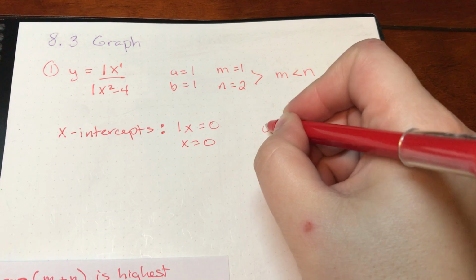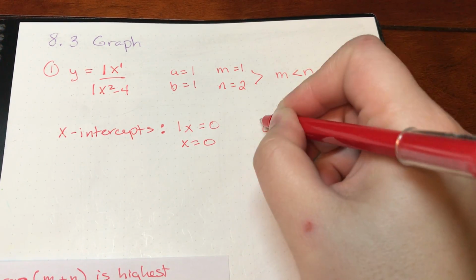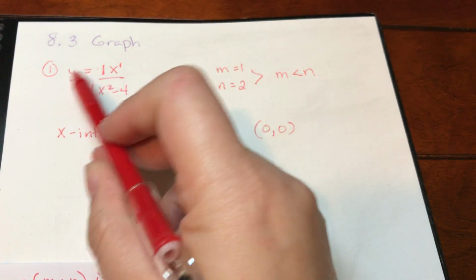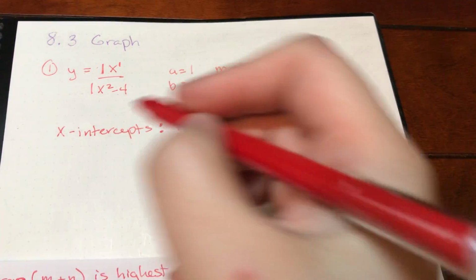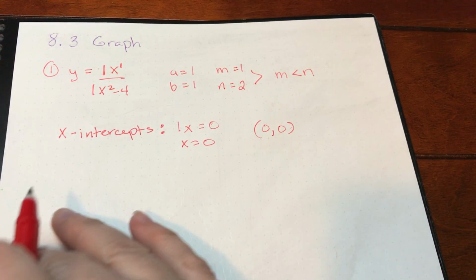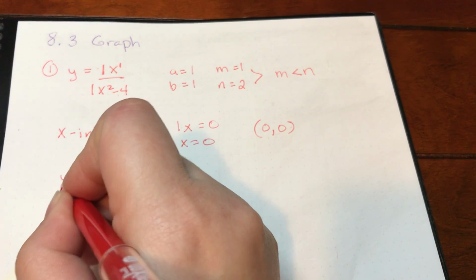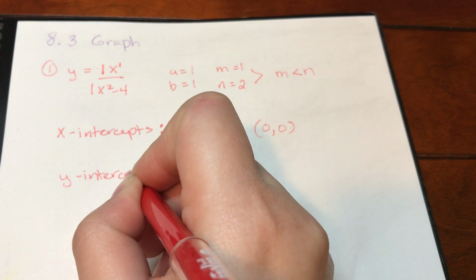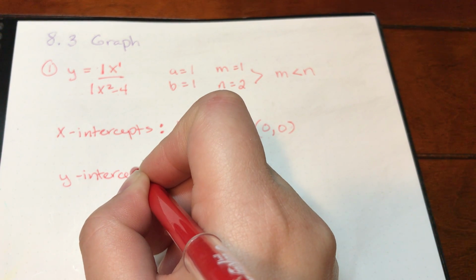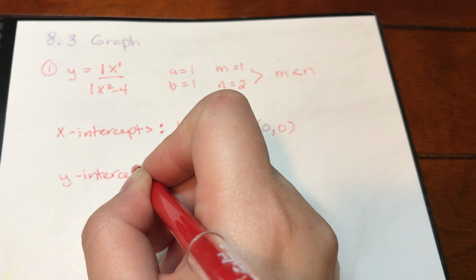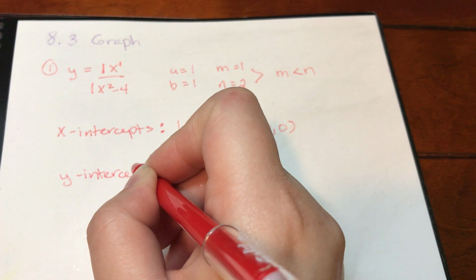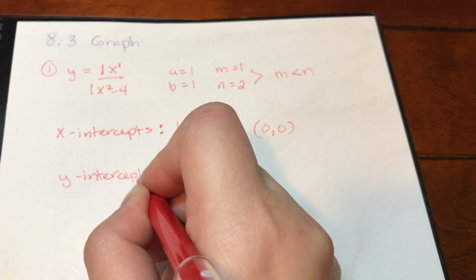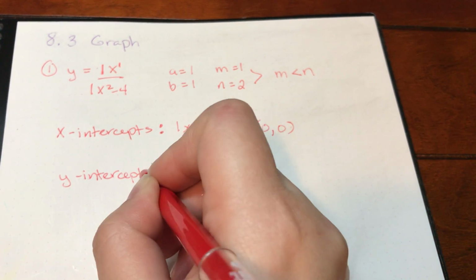It's (0, 0), because if the numerator is 0, 0 divided by anything is 0. So then y is 0. Then I'm going to find my y-intercept.